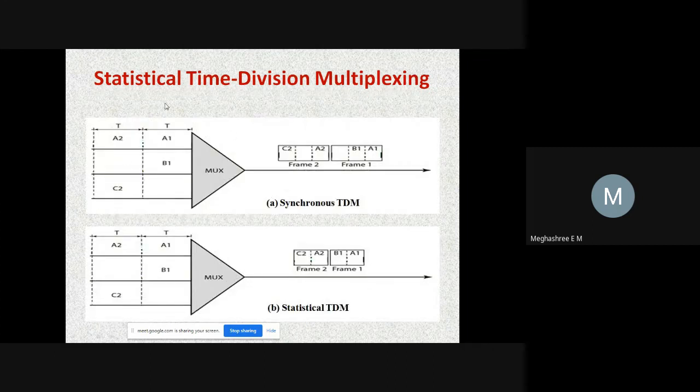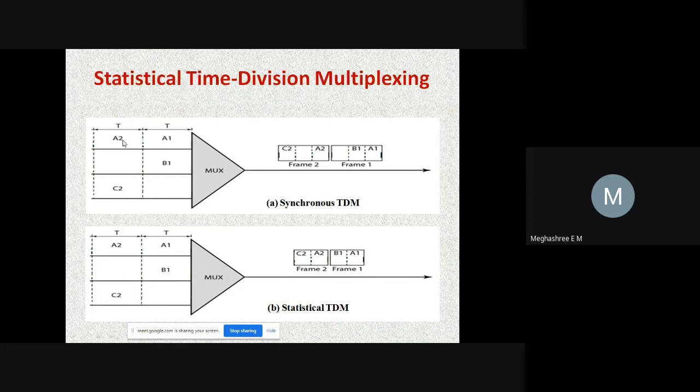Just consider the first diagram. This is for synchronous TDM. There are 3 input lines. In the first time slot there is A1 and B1, but C1 is not there. Data is not there at this time slot.